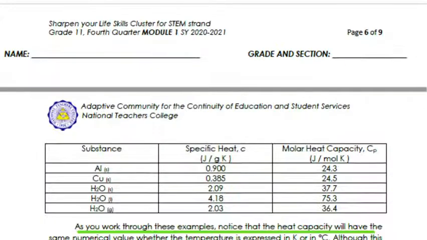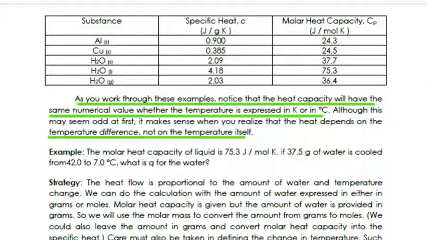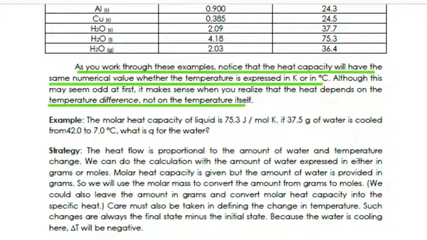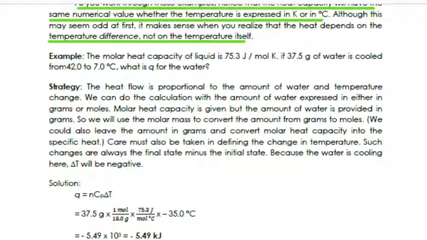And then this is an example. So understand and analyze it so that you will be able to answer the next activity.